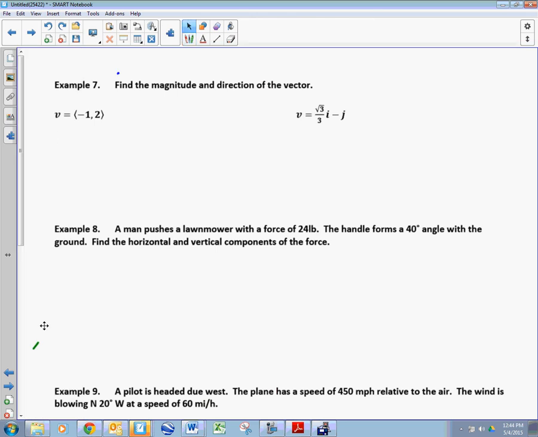Okay, find the magnitude and direction of the vector. The magnitude would be the absolute value. So the absolute value of the vector is equal to the square root of a squared plus b squared, which is root of 5.